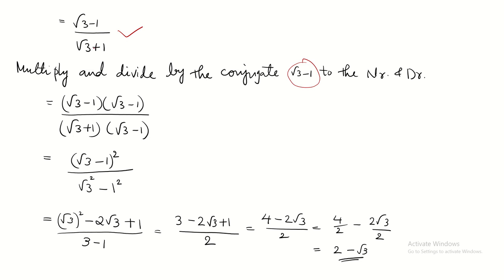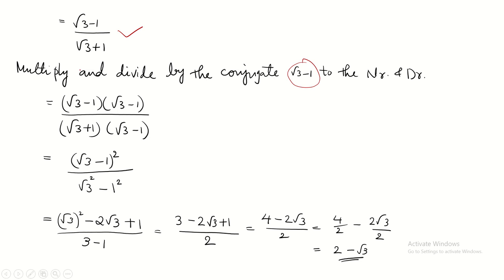If you are having a negative value here, the conjugate will be positive. So you have to take the denominator's conjugate. Always remember, when you are multiplying and dividing, you have to take the conjugate of the denominator and then multiply that conjugate to the numerator as well as the denominator.